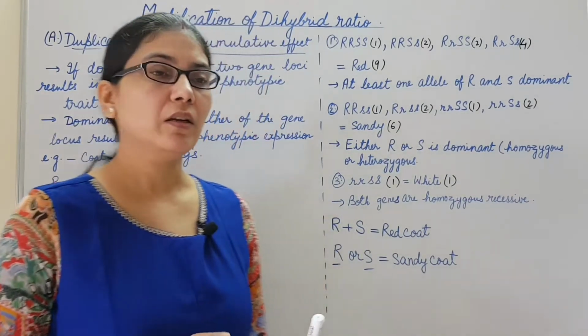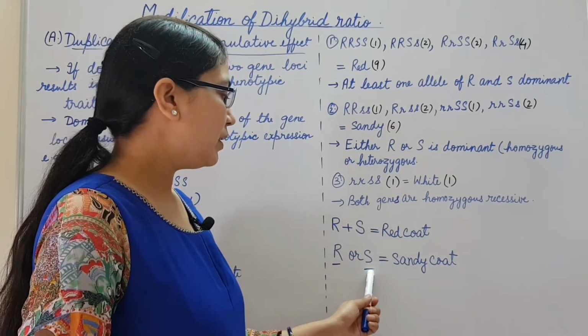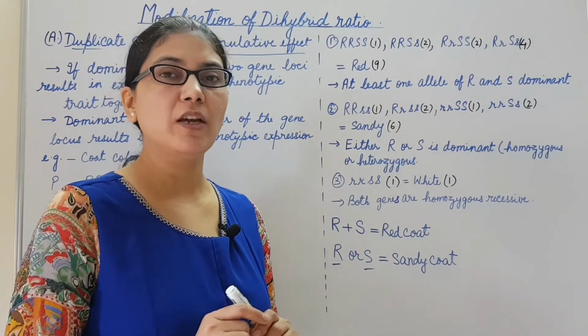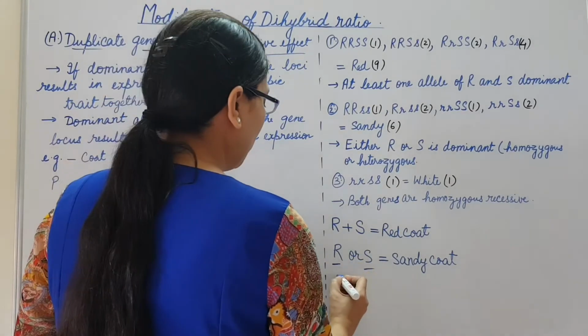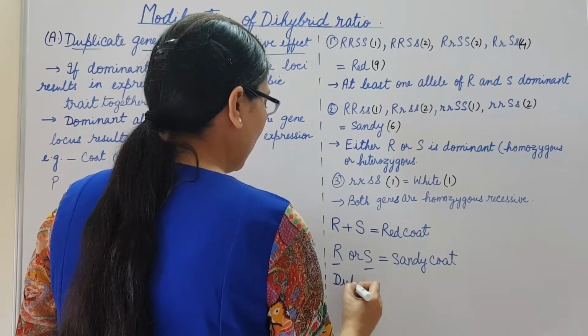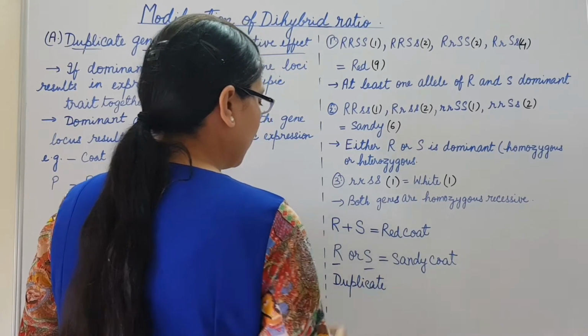So from here we can conclude that the dominant R or dominant S, when present in the homozygous or heterozygous condition, individually produces the same type of phenotype. Hence R and S are known as duplicate genes.